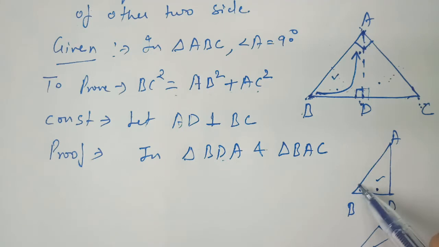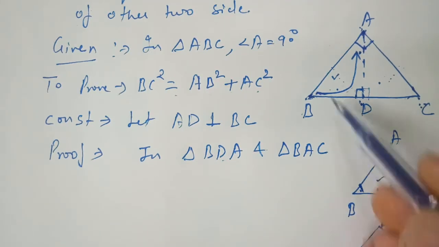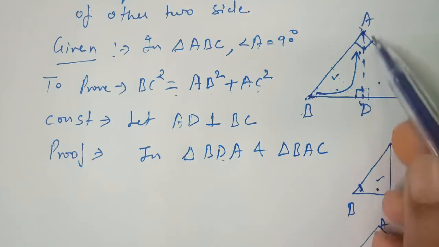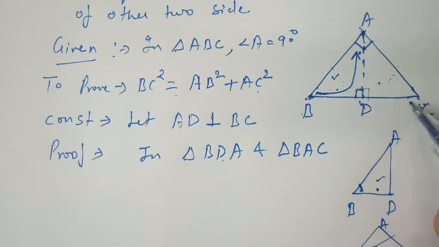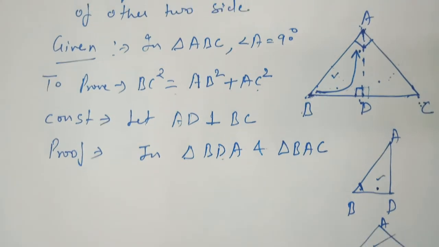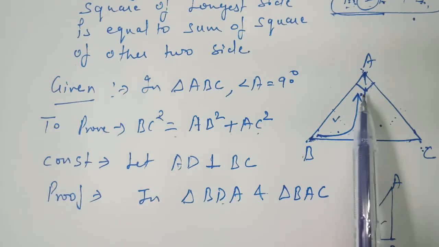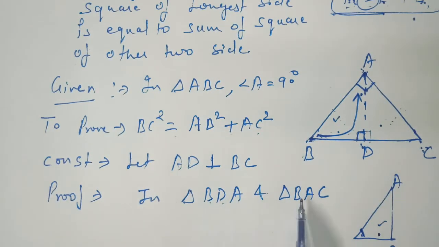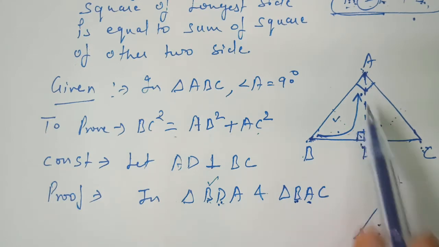If we observe angle B, it is in both triangles, the smaller one and the bigger one. If you name it correctly, then you don't have to find it from the figure, you just take the names.